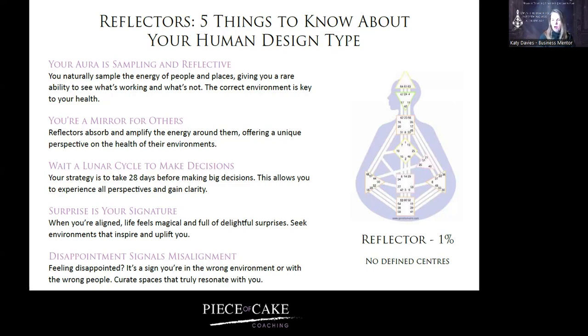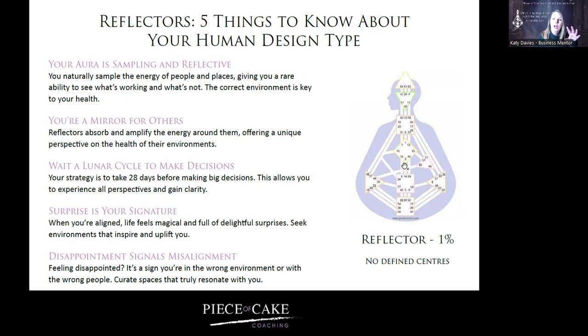Wherever you are, you're reflecting back to people what they see. You'll see what I mean by this when I do the analogy at the end of how all the types work together.